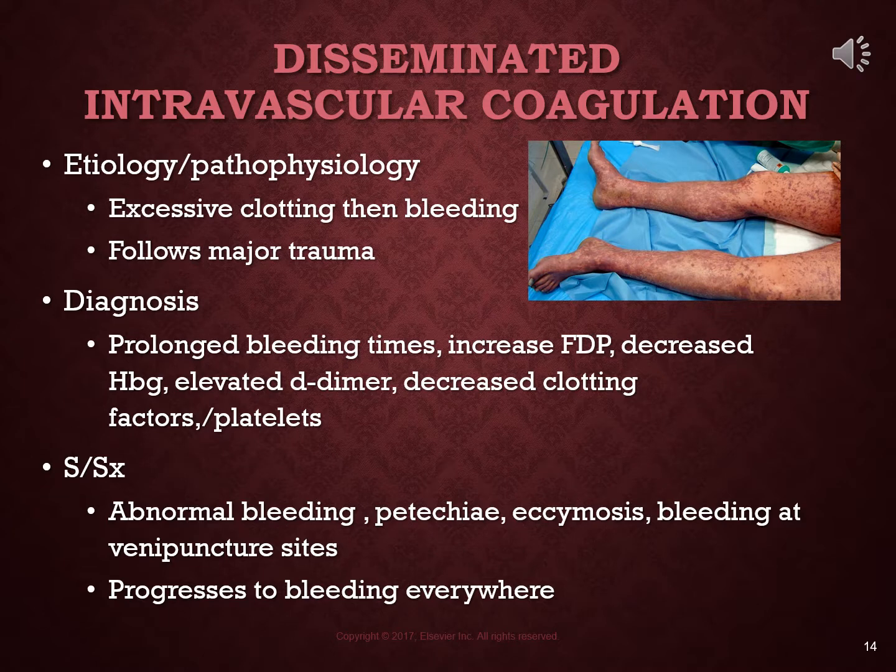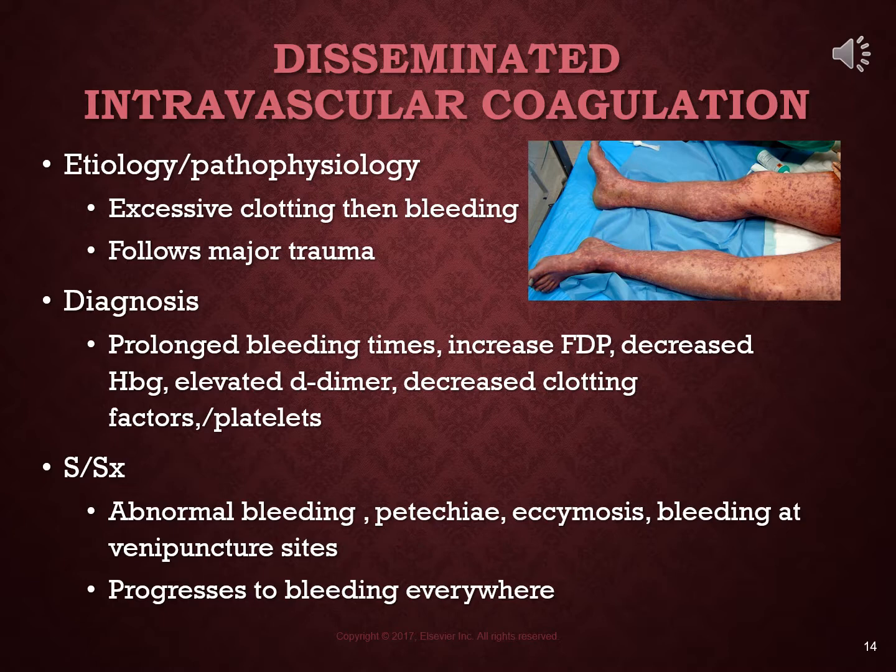Disseminated intravascular coagulation, or DIC, is something that can be a little hard to understand at first because it seems sort of counterintuitive, so stay with me on this. It's a catastrophic, overwhelming state of accelerated clotting throughout the peripheral vessels.